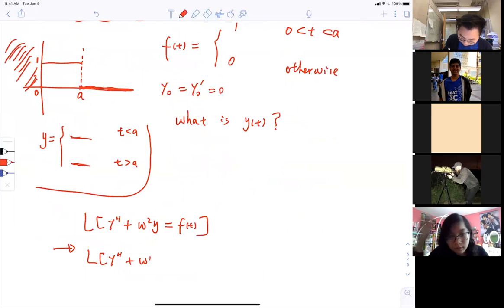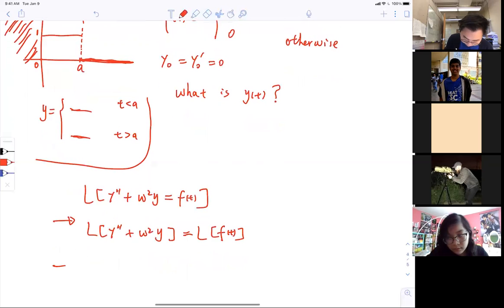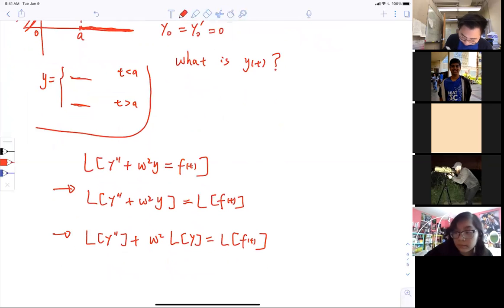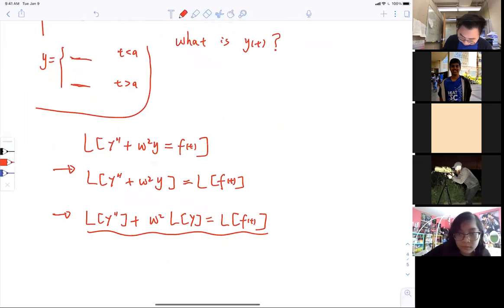Oops, there should be omega squared equal to. So never forget to transform the right-hand side. I mean, you don't have to write all the steps. If you are familiar with this kind of stuff, you can just write down this expression directly.